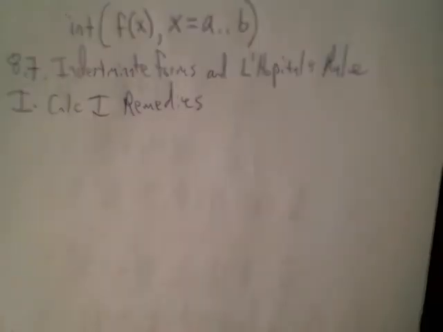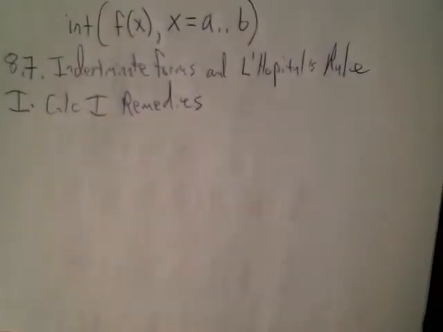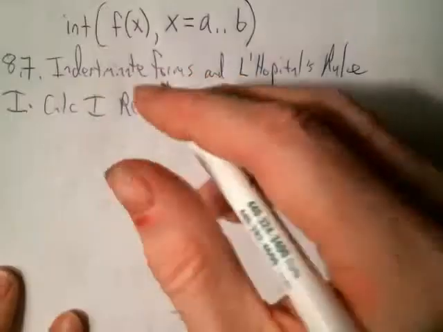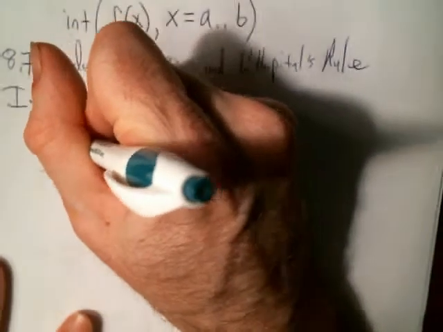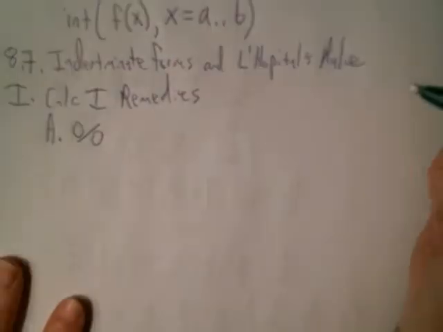Usually in Calc 1, we would just use some tricky algebra, right? We're exploiting the fact that some functions are equal to other functions everywhere, except maybe at one particular point, and then we could do some algebraic simplification and figure out the limit via substitution. Those cases that you saw were usually called 0 over 0 forms.